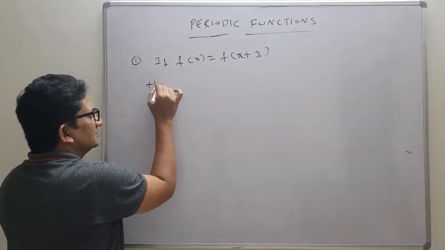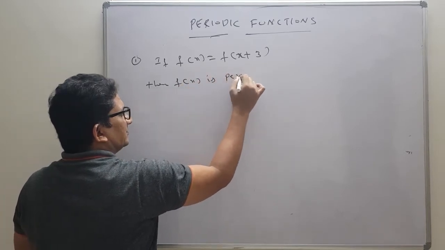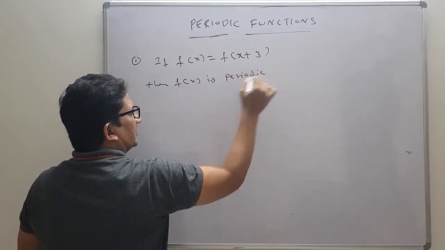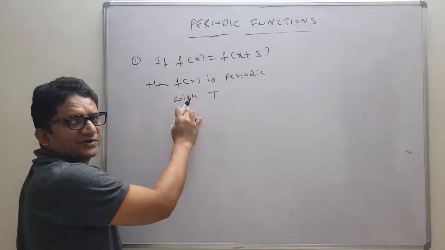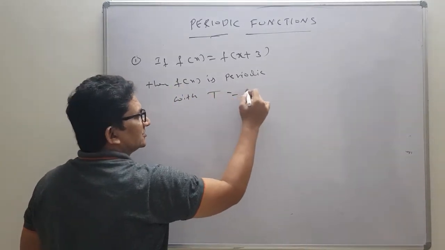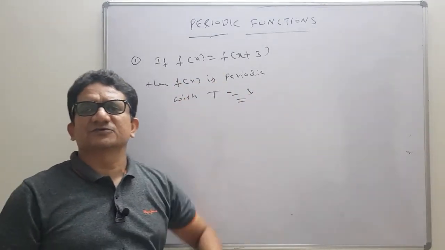Then f of x is periodic with period t equals 3. A point to be noted and very useful while solving some questions.